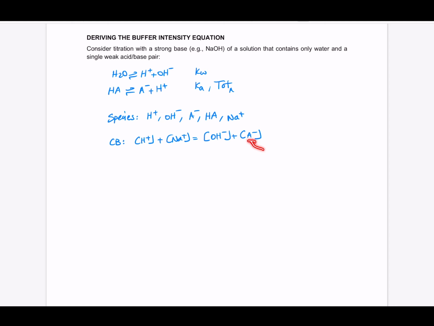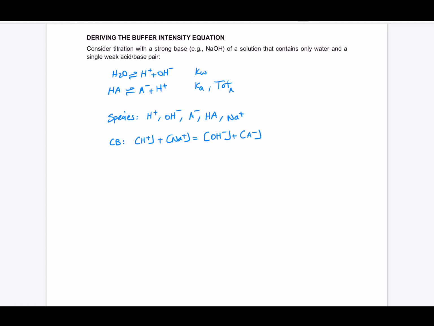This is what we had in the system. This is something that will be reached at equilibrium. But this is exactly how much we added. So how much of the strong base we add to the system fully dissociates. So whatever sodium we have at any point is equal to the amount of CB that was added, right?